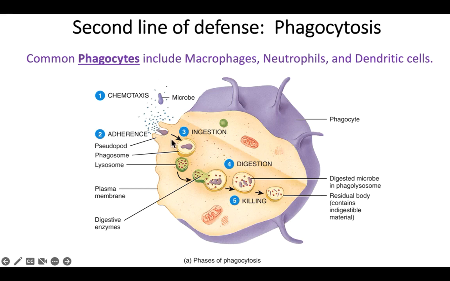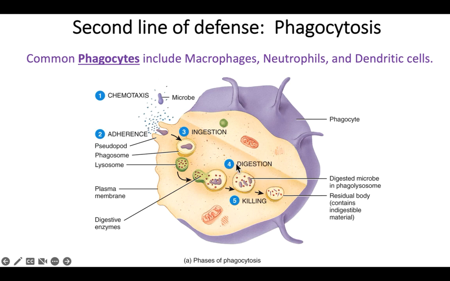They take that microbe into what's called a phagosome. The phagosome fuses with a lysosome, and if you remember what a lysosome is, it has enzymes that can digest. So these enzymes in the lysosome break down that phagocytosed pathogen. So now it kills that pathogen.